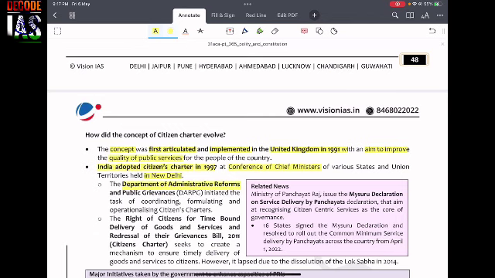The Department of Administrative Reform and Public Grievances initiated the task of coordinating, formulating, operationalizing the Citizens Charter. This department can be asked in your examination. Which department initiated the Citizens Charter? It would be the Department of Administrative Reform and Public Grievances. They can also ask when India adopted Citizens Charter. The answer would be 1997. From where India got inspired, the answer would be UK.